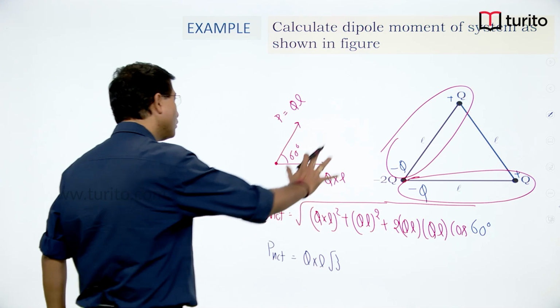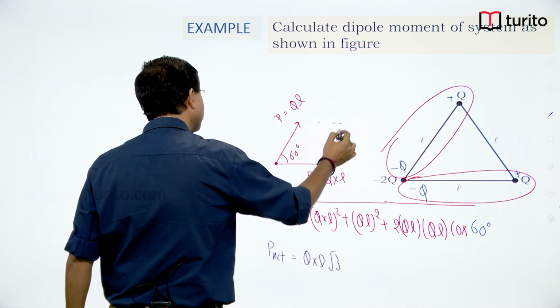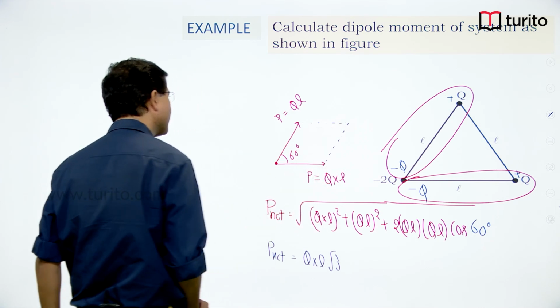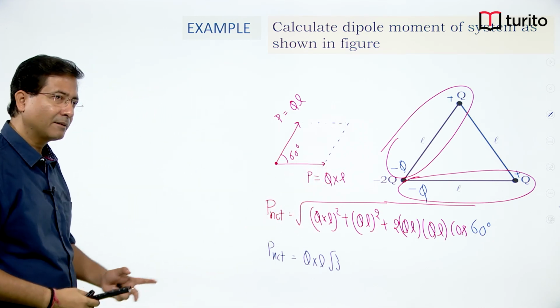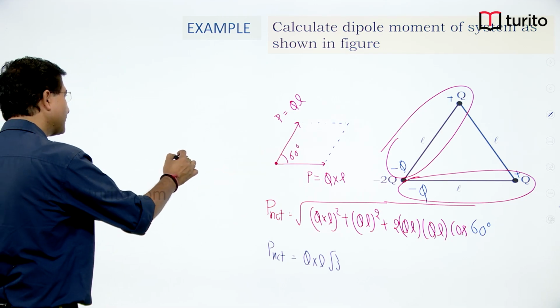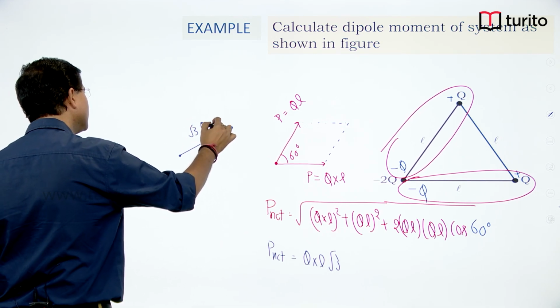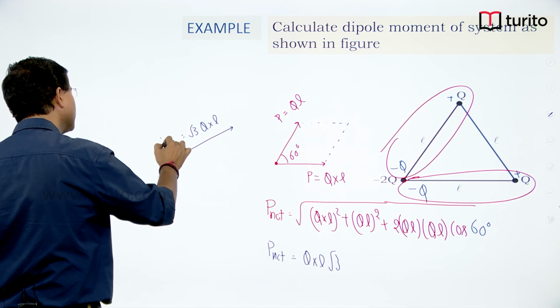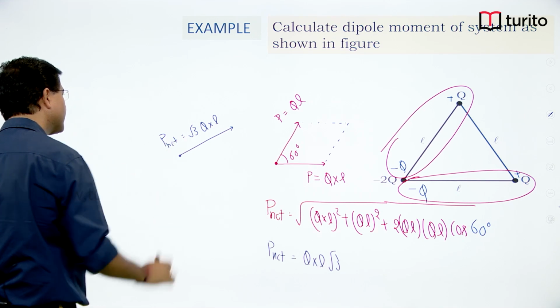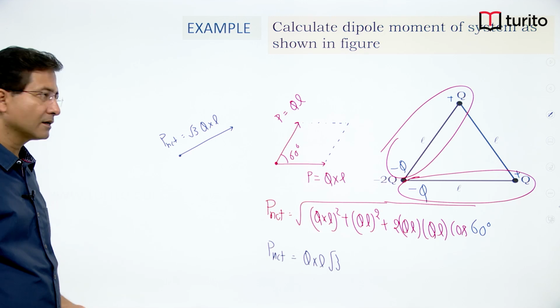So, this whole arrangement can be represented by the resultant of these two, which will be something like this. This is root 3 into q into L. This is the net dipole moment. I hope this example is clear.